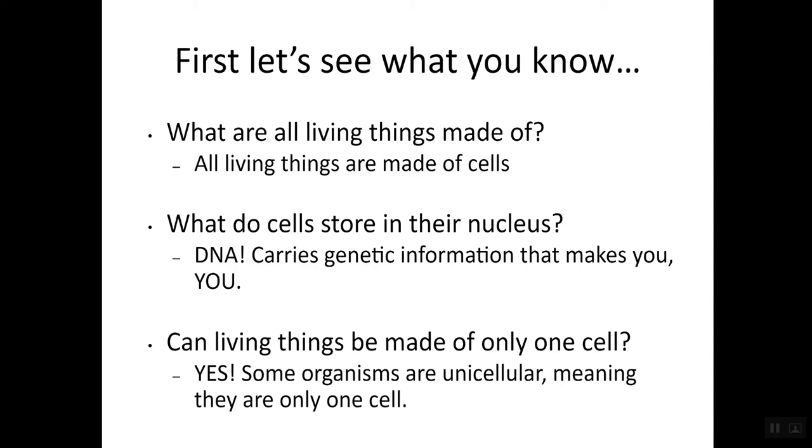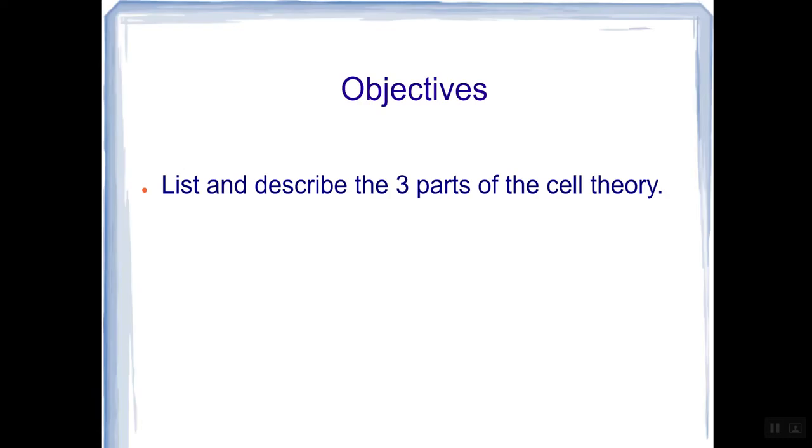And I'm actually going to show you guys some examples today of unicellular organisms that I found in my own backyard. All right, so to get this going, we are just going to describe the three parts of the cell theory. We've already got some important parts: we know all living things are made of cells, and cells can even be unicellular organisms. We're going to go over those three parts right now.